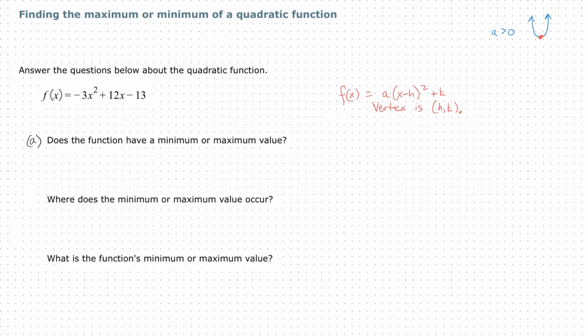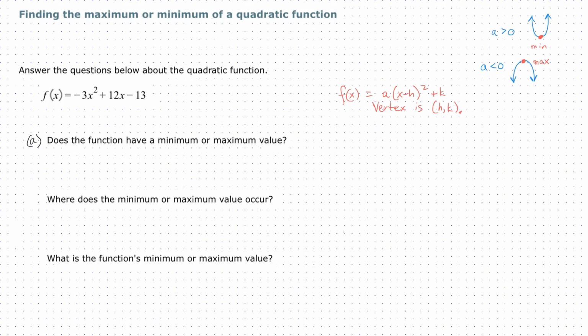So if it's concave up, you have a minimum. What if a is less than 0? Then your parabola is concave down. If a is less than 0, your parabola is concave down, and that means you have a maximum. You have a maximum y value.